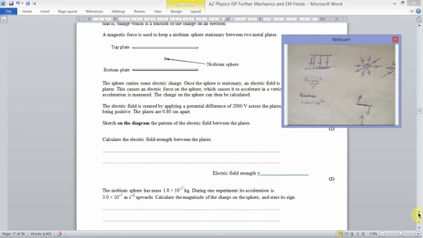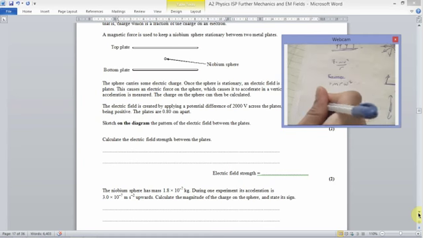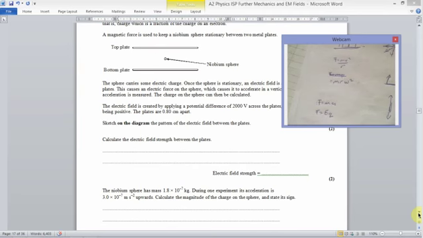Well, we've got to figure out this force that's actually causing this acceleration. If there's a force causing the acceleration, we can use F equals ma. But that force is due to the charged particle being in an electric field. So we've got another equation for forces on a charged particle in an electric field, and that is F equals E times Q. If the only force acting is that, which it is in this situation, then we can equate them.